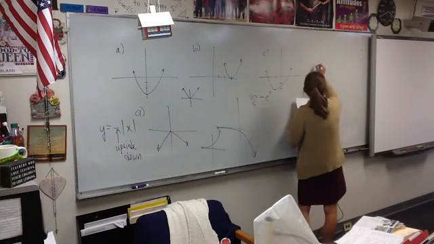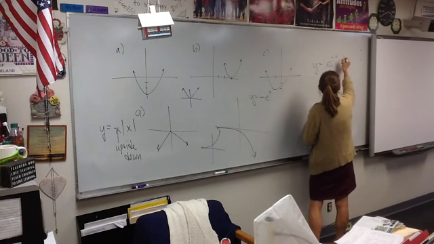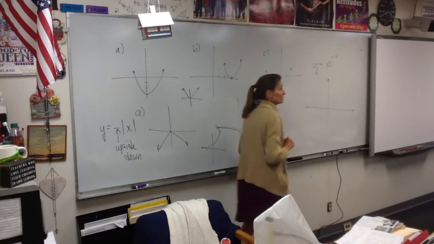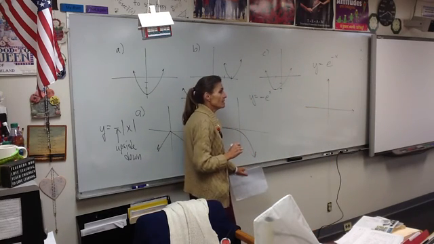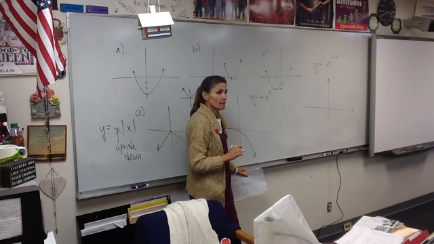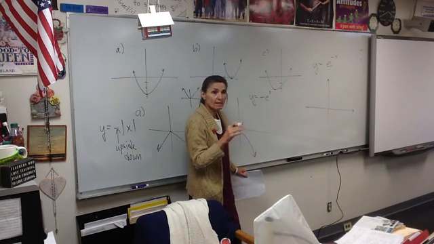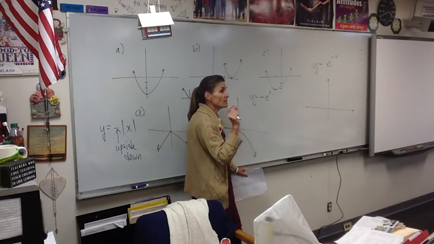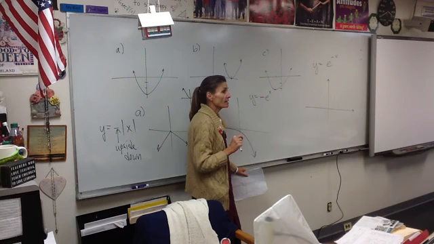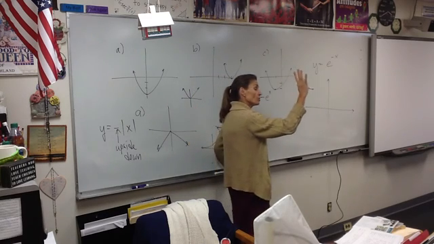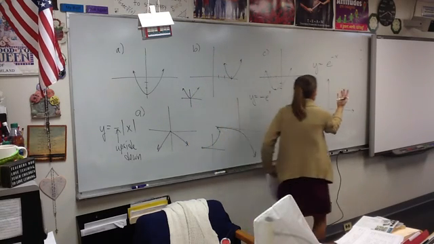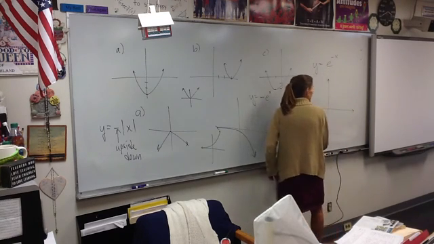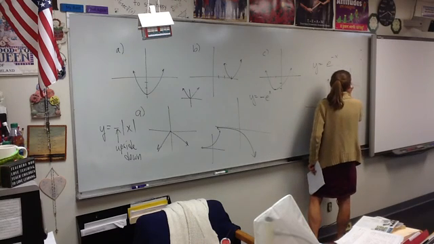Now Miss Ford got wild and wacky. What's going on here? Exactly. Notice that the negative is not on the whole thing, it's just on the x. When you put the negative on the x, you reflect across the y-axis. So instead of flipping this way, it flips this way. So remember, this was your original.